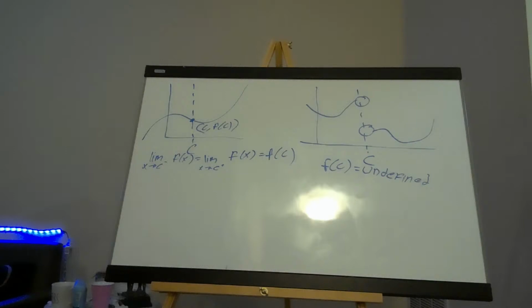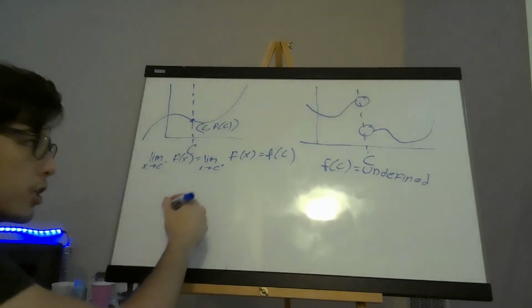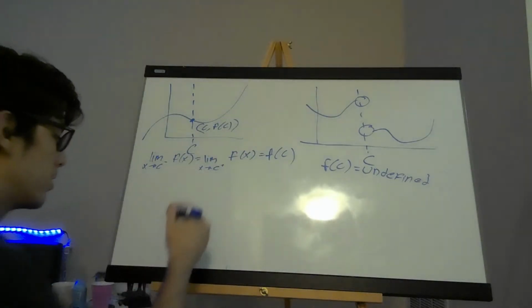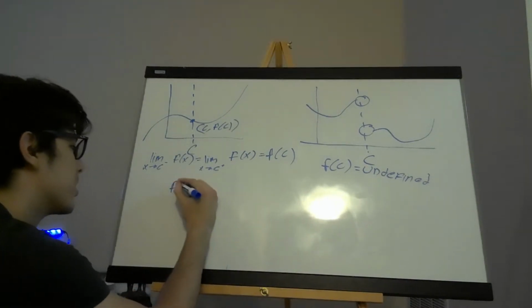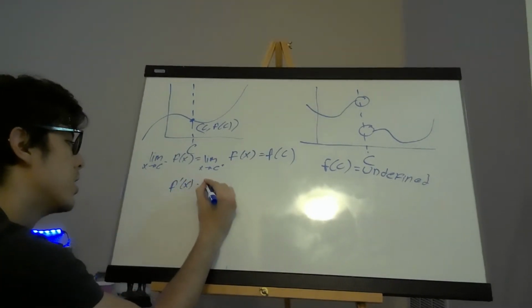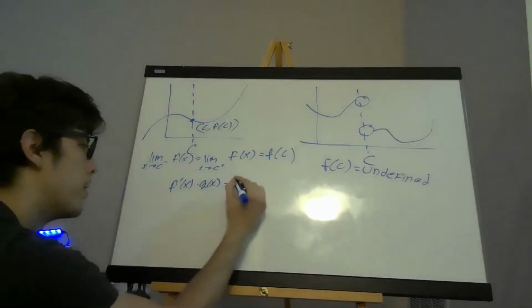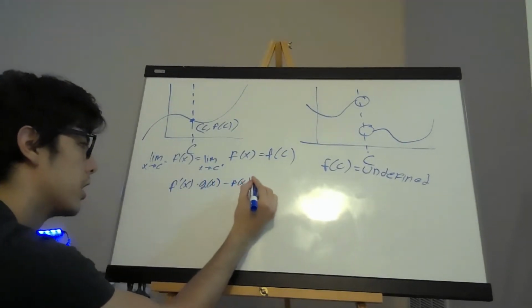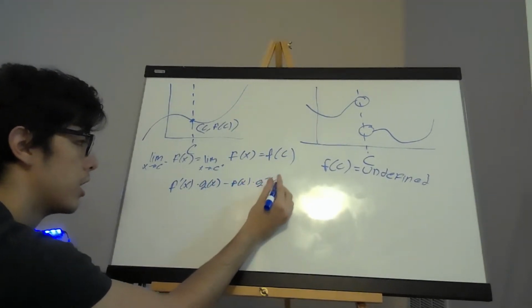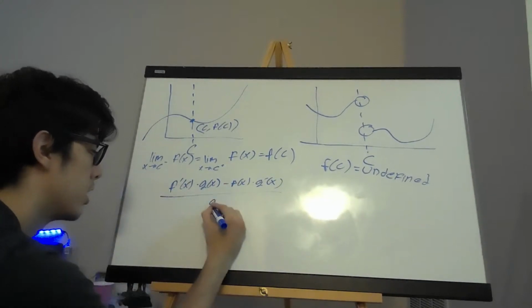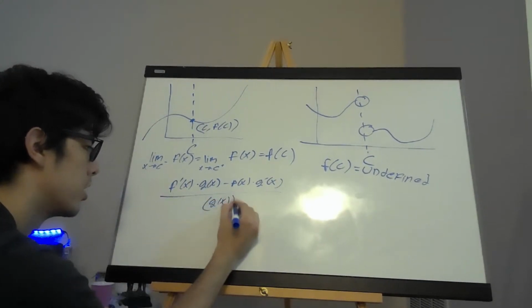Difference quotient is a very fundamental thing in calculus. The quotient rule, you haven't learned this yet, since we're still on limits. The quotient rule is: f prime of x times g of x minus f of x times g prime of x, all divided by g of x squared.